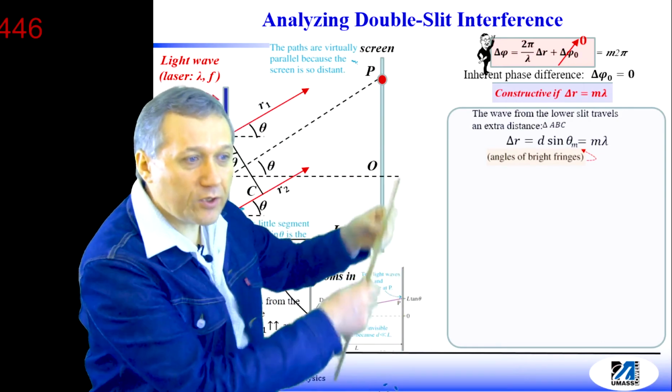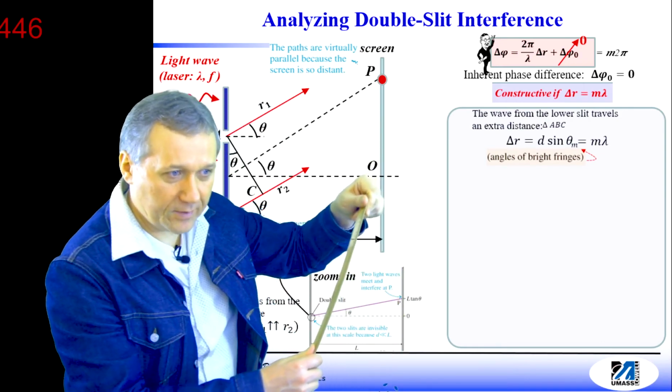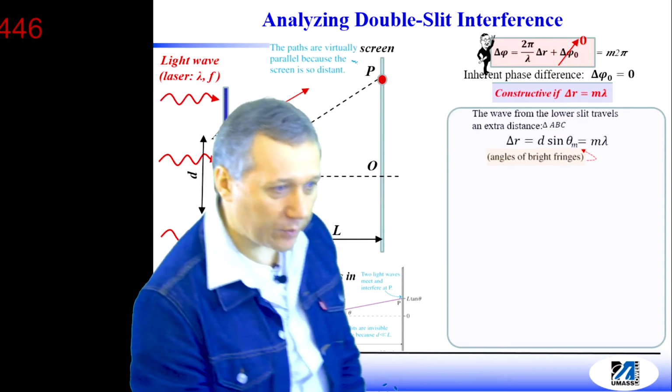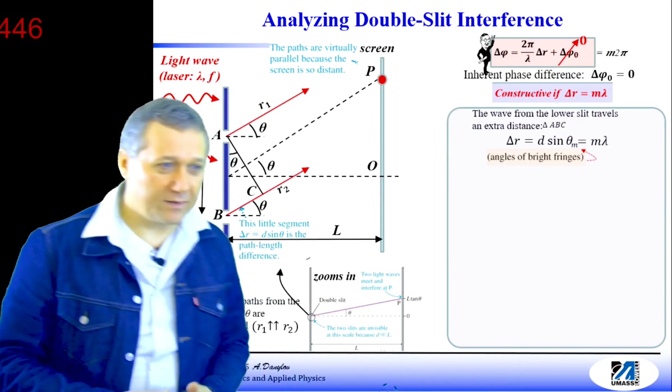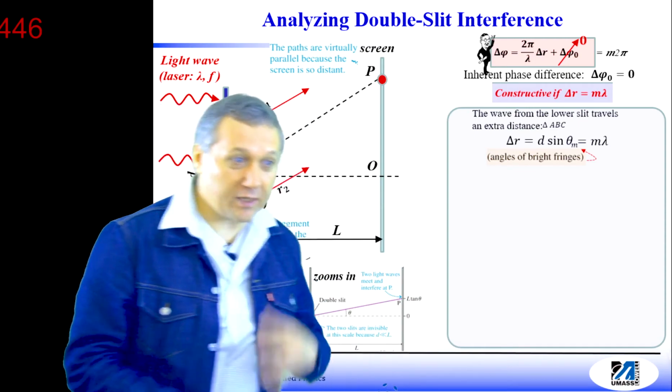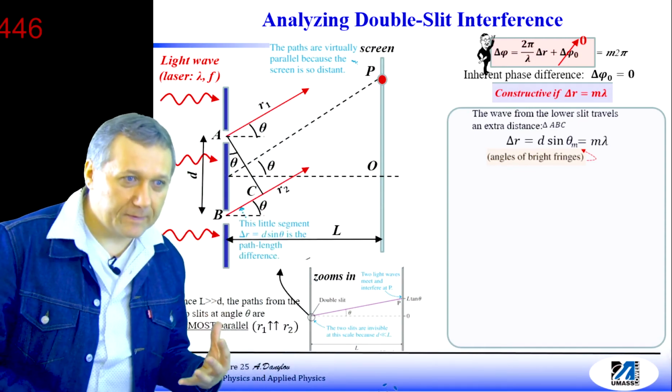It's better to measure distance on the screen than to measure angles to find the positions of those bright spots. It's much easier to measure distances. I doubt that you disagree with me, again from the experimental point of view.